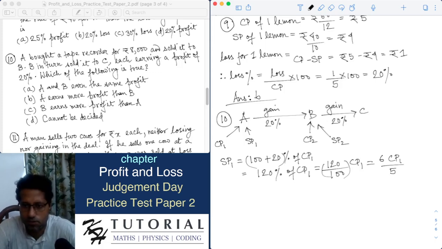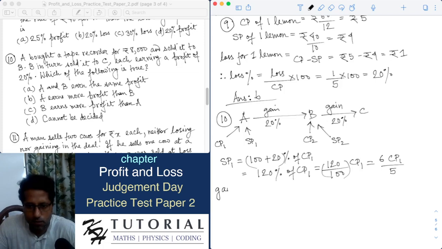B is purchasing from A. And what is the gain of A?